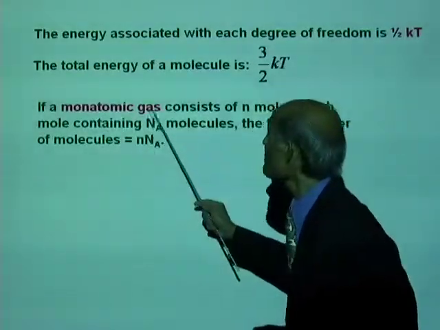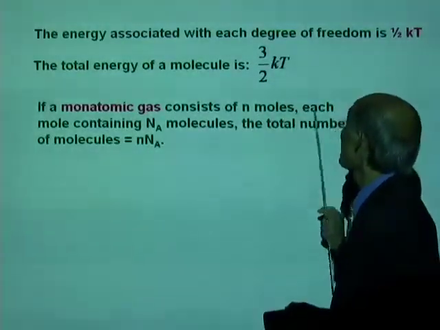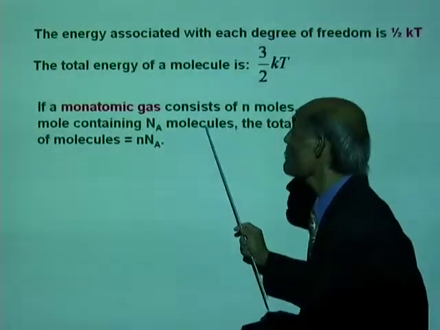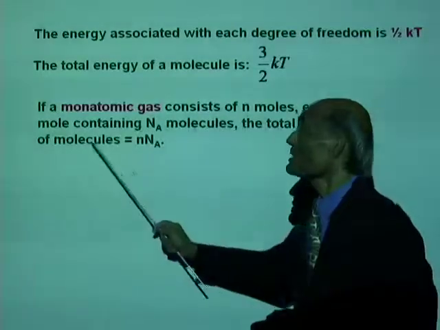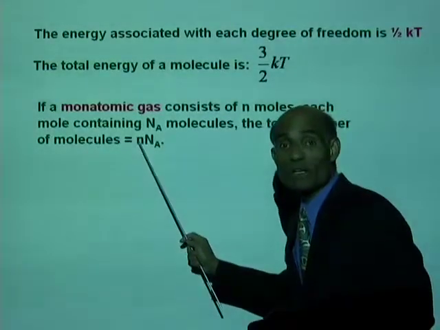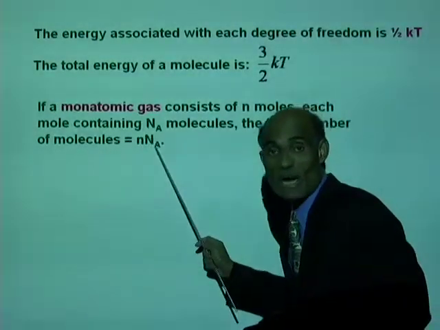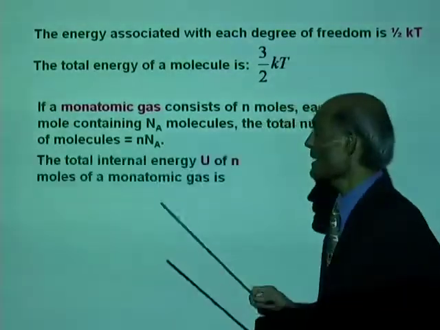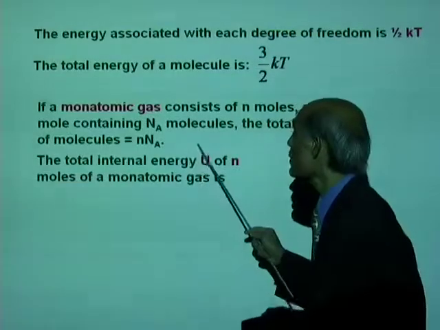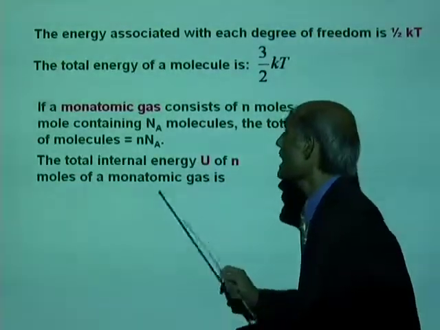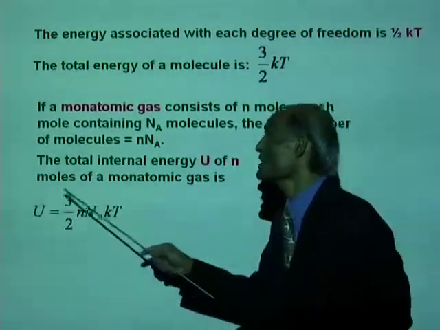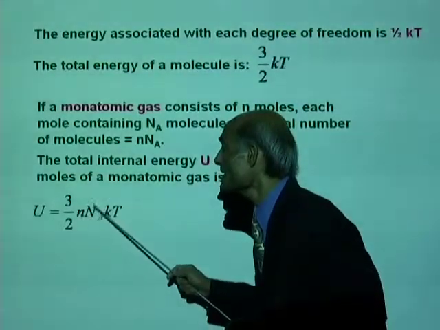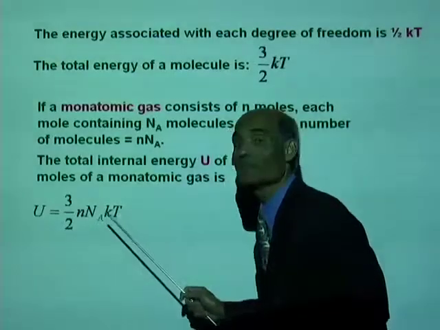If a monatomic gas consists of n moles, each mole containing Na molecules, the total number of molecules will be the number of moles times the number of molecules per mole. We have seen that earlier. So the total internal energy U of n moles of this gas is U equal to 3 over 2 n Na kT.